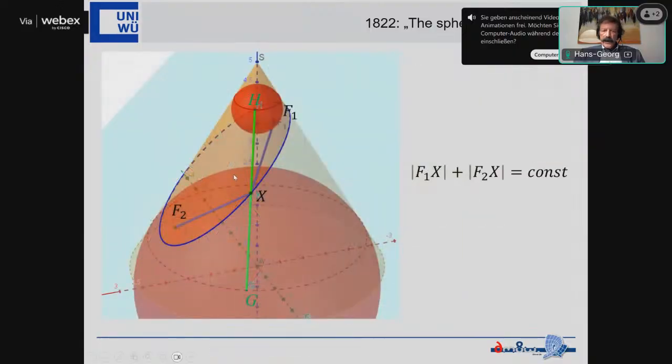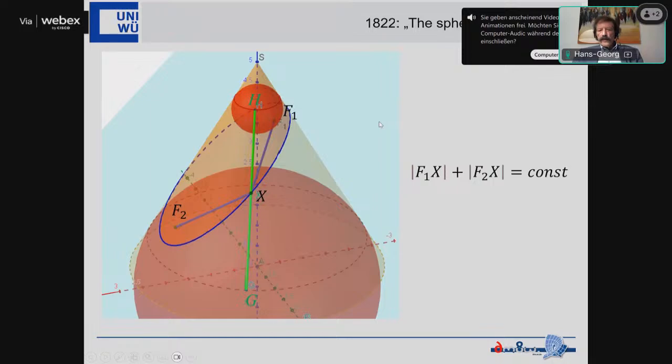Maybe it's clearer here: here is the point F2, here F1, and you have these two lines, F2 X and X to this point G, and X to H and X to F1, and this makes it always the same length as this one. And you get exactly the definition of the ellipse, and you get this definition out of this idea with the Dandelin spheres.